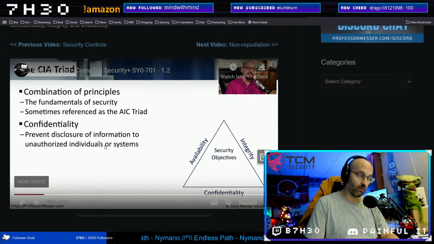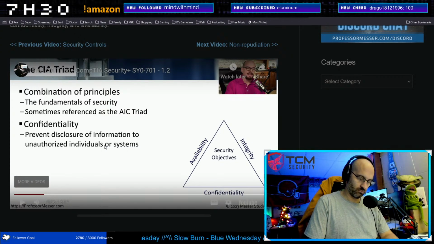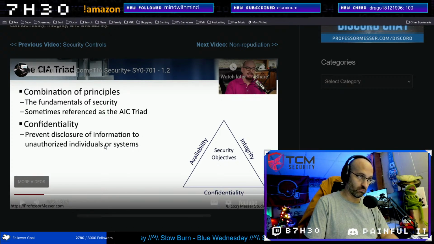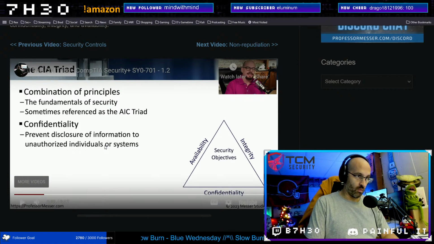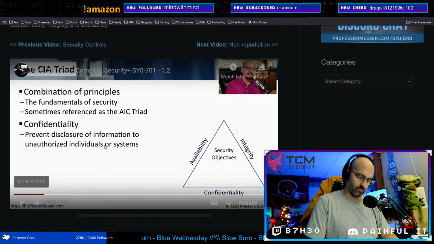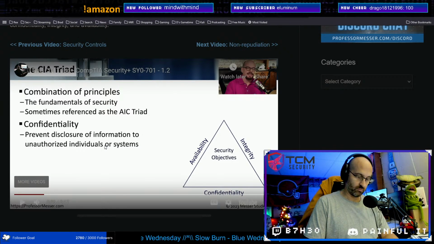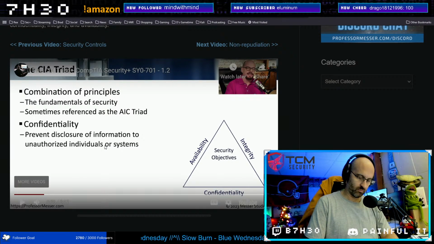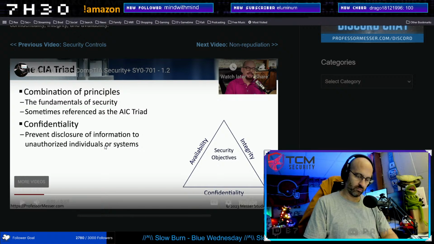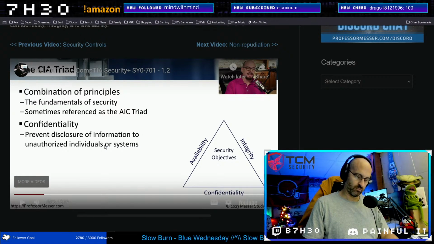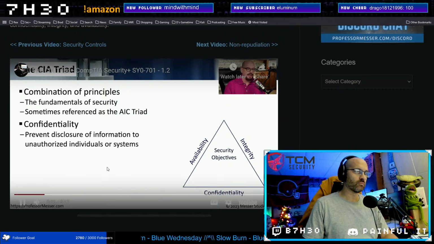The C in the CIA triad is confidentiality.